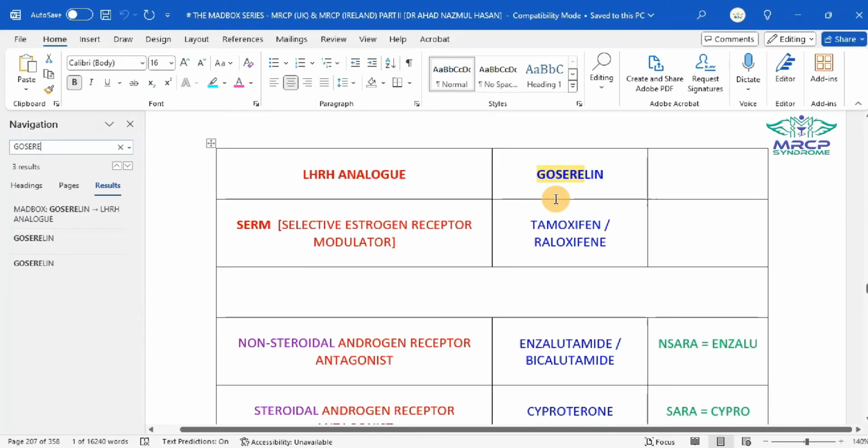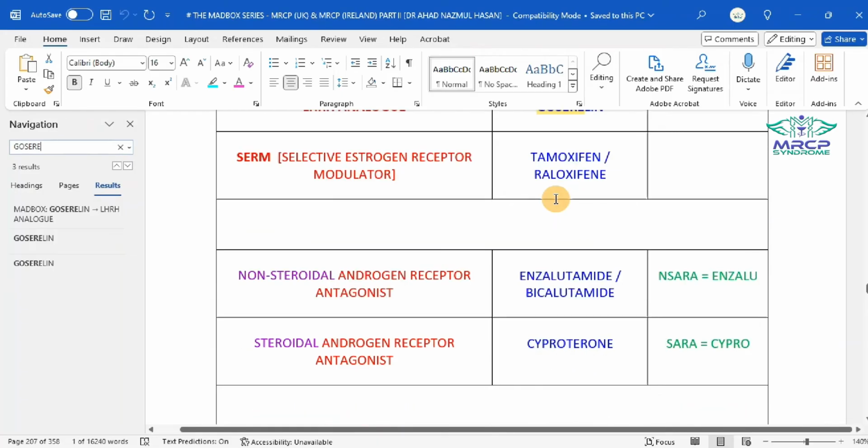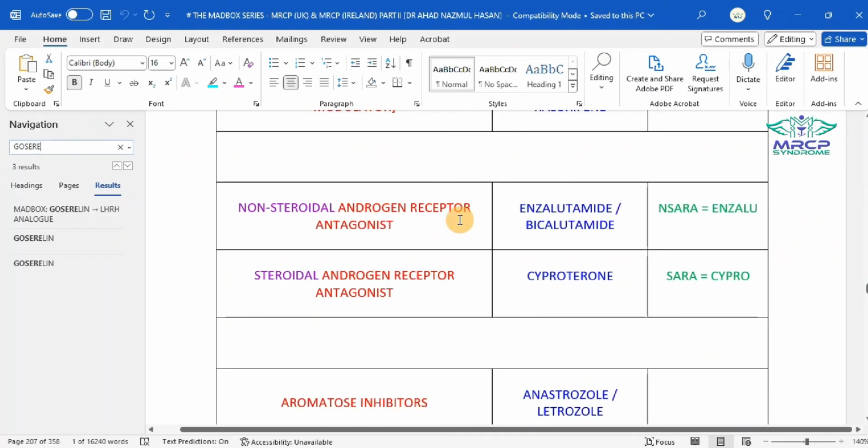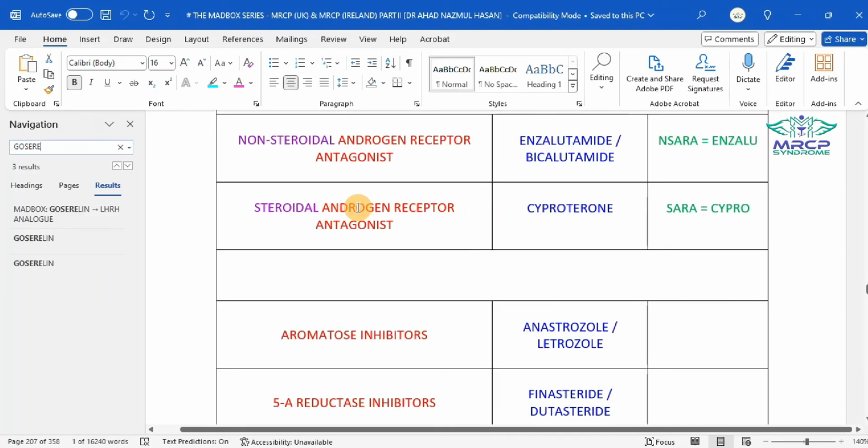And tamoxifen and raloxifene are the selective estrogen receptor modulators. And we have the androgen receptor blockers, or androgen receptor antagonists. They can be steroidal or non-steroidal. The non-steroidal ones are enzalutamide and bicalutamide, and the steroidal one is cyproterone acetate.